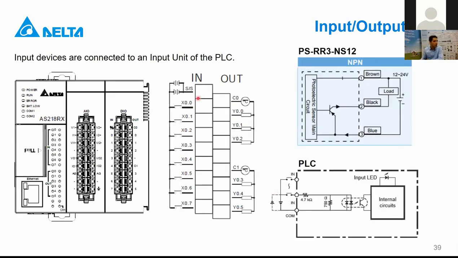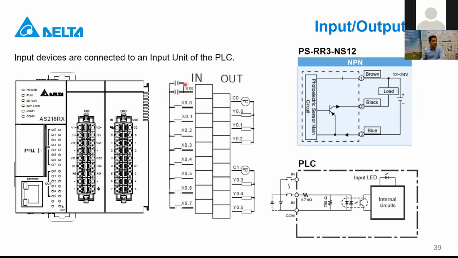I just want to mention one thing. You can make NPN or PNP wiring to our PLC. That's fine, it doesn't matter which model it is. But here you see we have 8 input points, but 1 common port. What does it mean? It means that if you make an NPN wiring for the first input, the rest has to be NPN too.